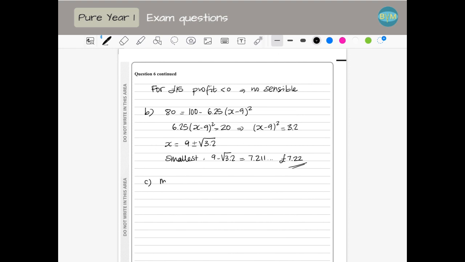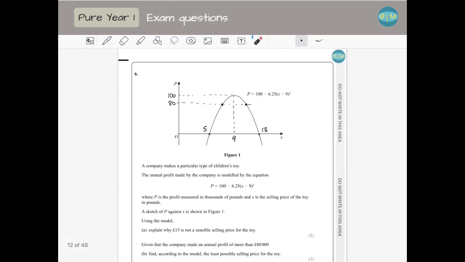So the maximum profit is £100,000, and the toy price for that should be £9. That's when we maximize the profit. And that's all with this question.